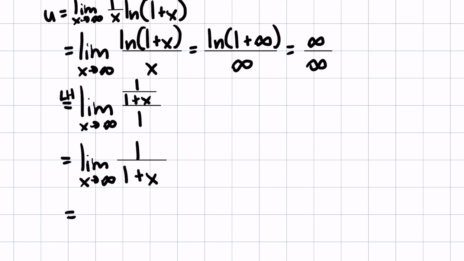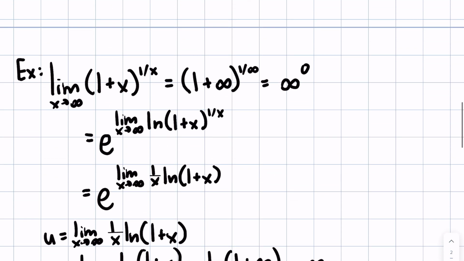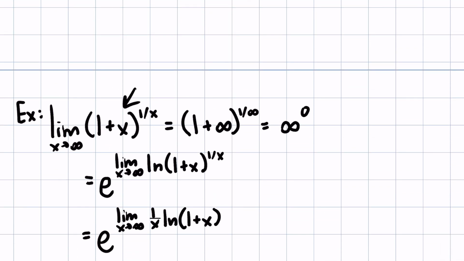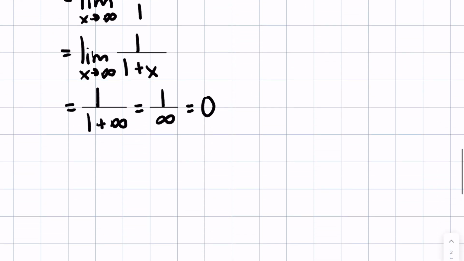When we plug in infinity here, we have 1 over 1 plus infinity, so this is just 1 over infinity, which is 0. Now 0 isn't actually our answer to the original limit though. The original limit is going to be e to the u. So here that is going to be e to the 0, which is 1. And so 1 is actually going to be our answer.